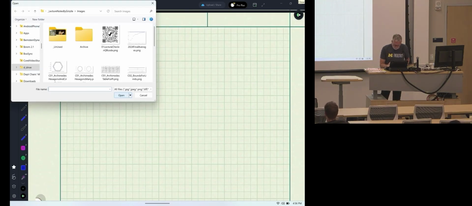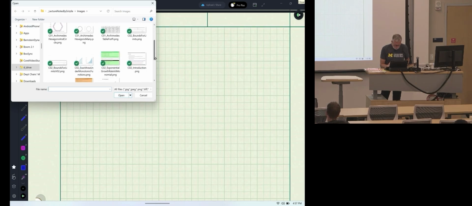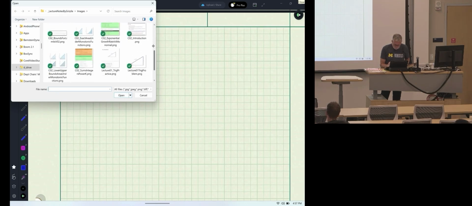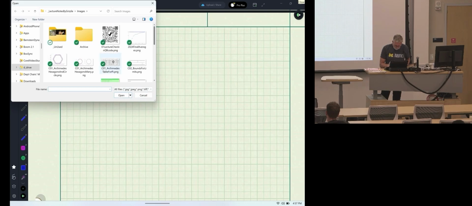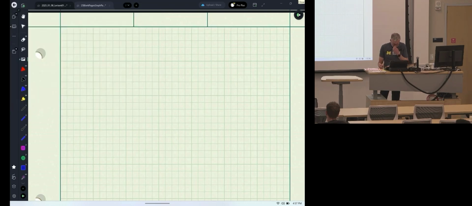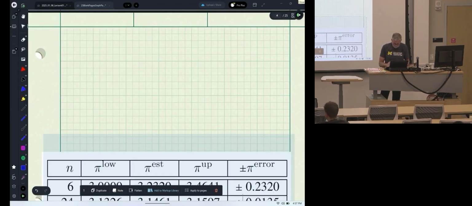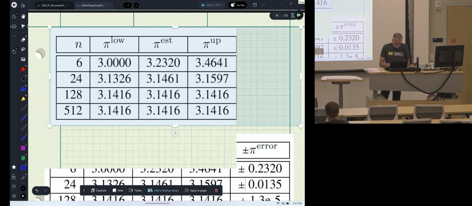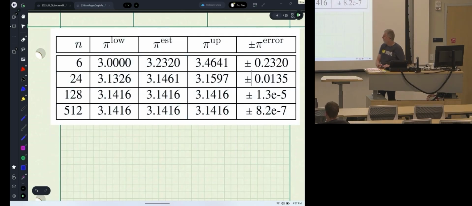Archimedes took it to an n-gon with 96 sides. Can you believe that? Come on. There we go, Archimedes table. Let's see how this guy did. Can you guys read that pretty well? Okay.